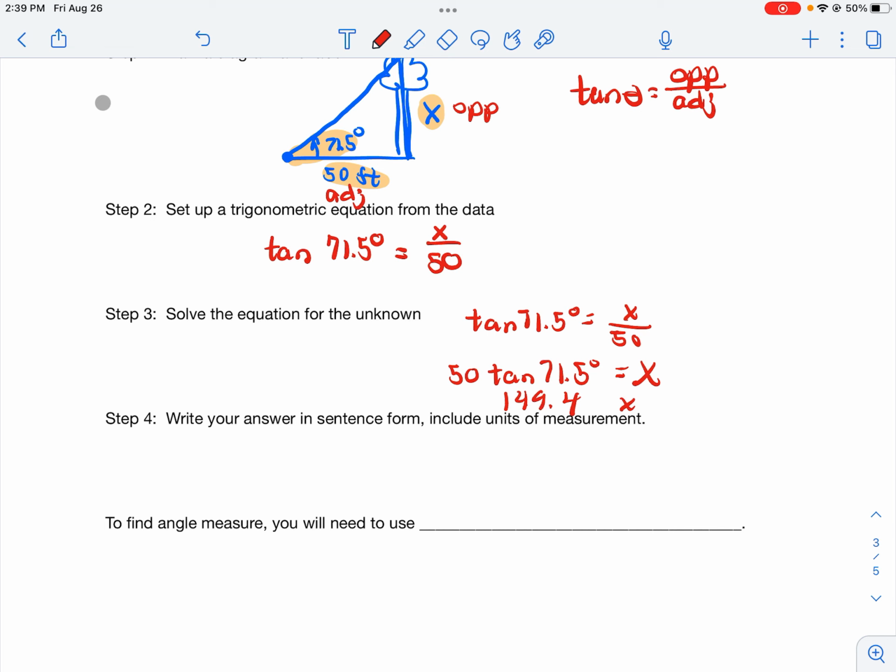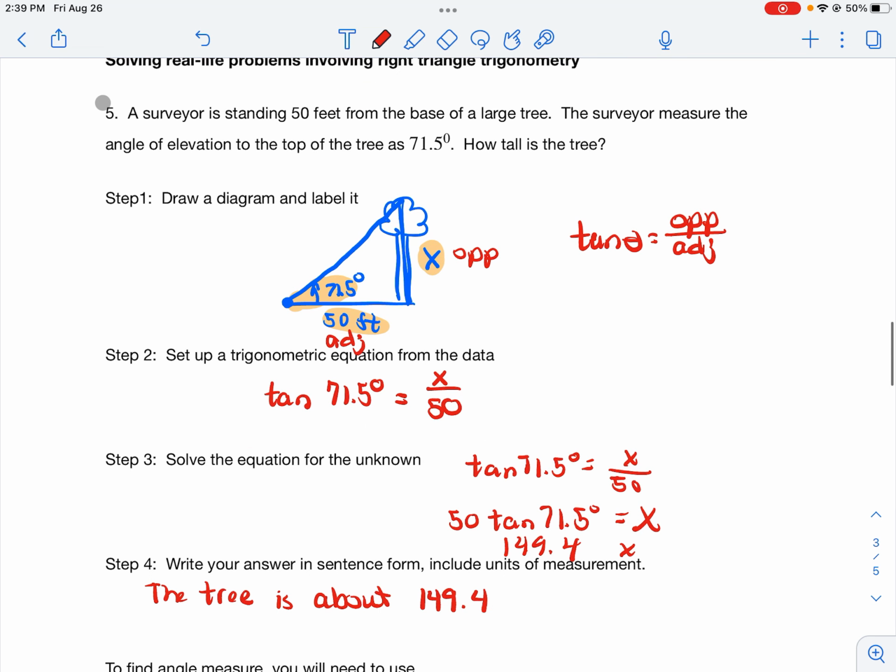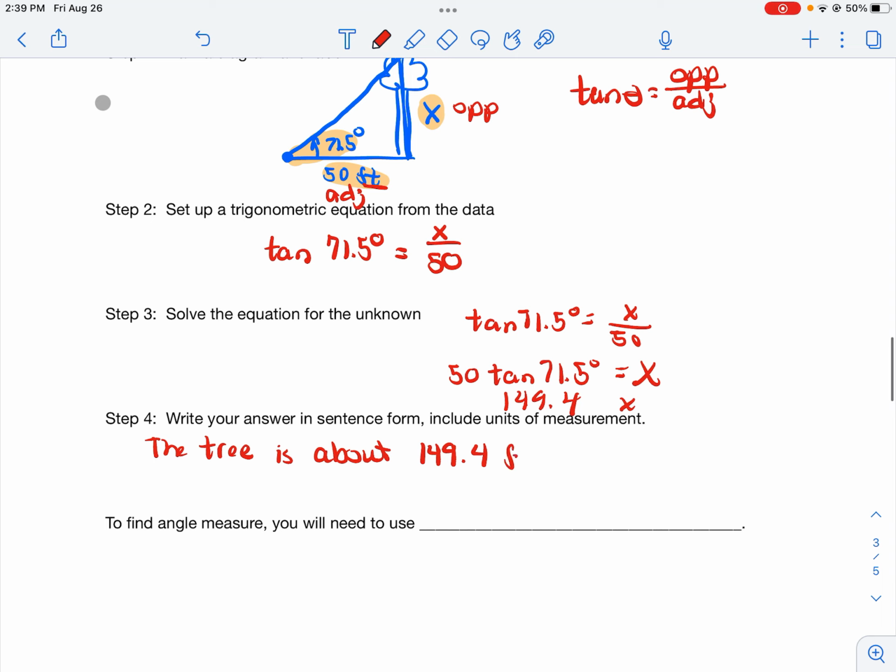So the question says, how tall is the tree? So all you have to write is the tree is, since I've rounded, I'm going to put about 149.4, and my units of measurement, go back up here and I notice feet. And you're done. So the tree is about 149.4 feet.